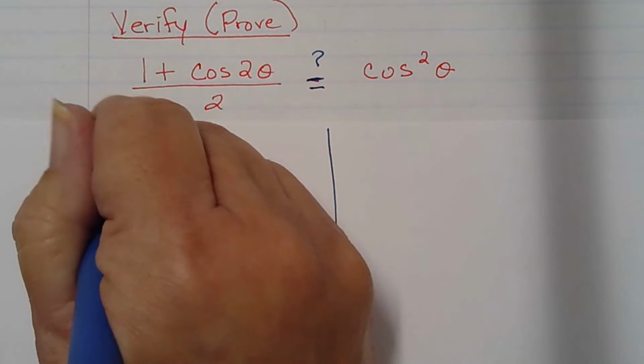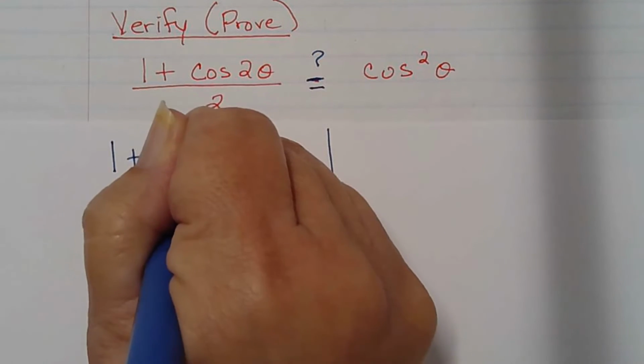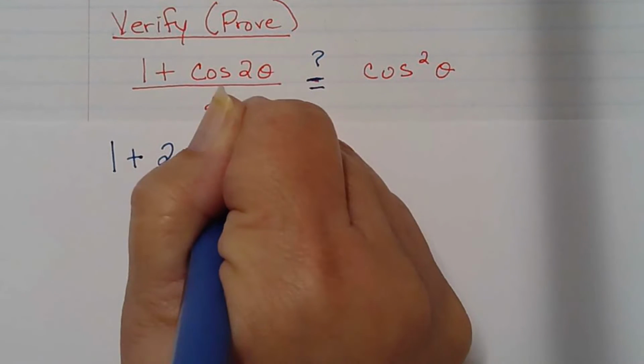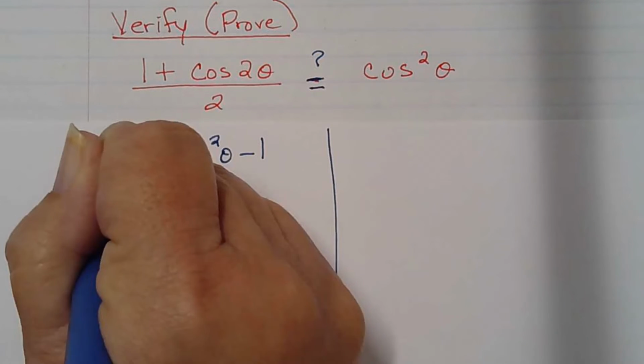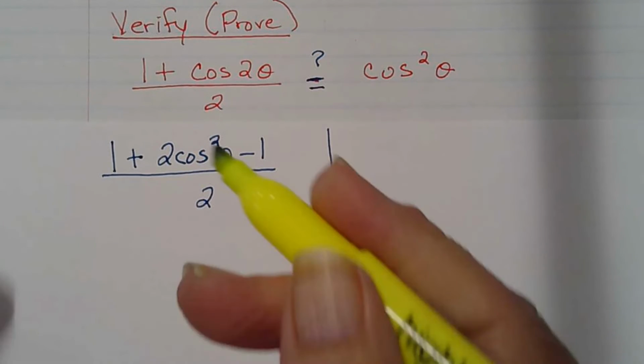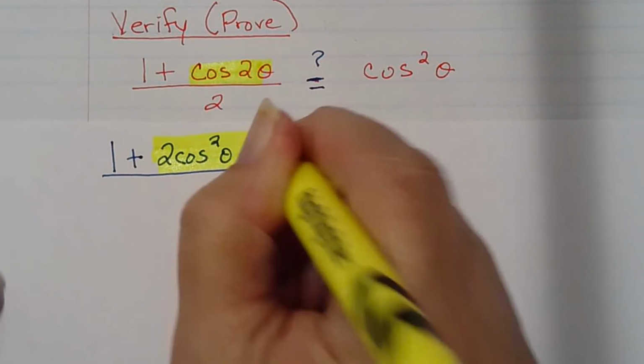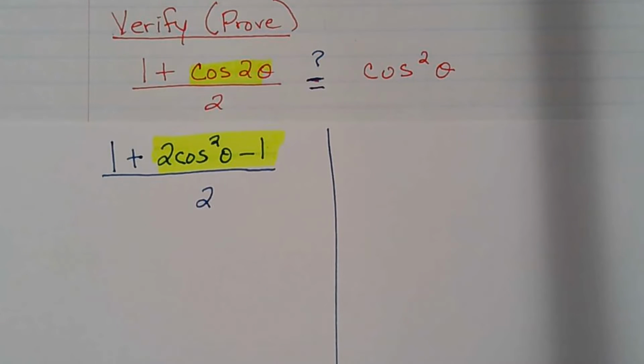So we're going to substitute that and have 1 plus 2 cosine squared theta minus 1 all over 2. So I took this cosine 2 theta and substituted this double angle identity.